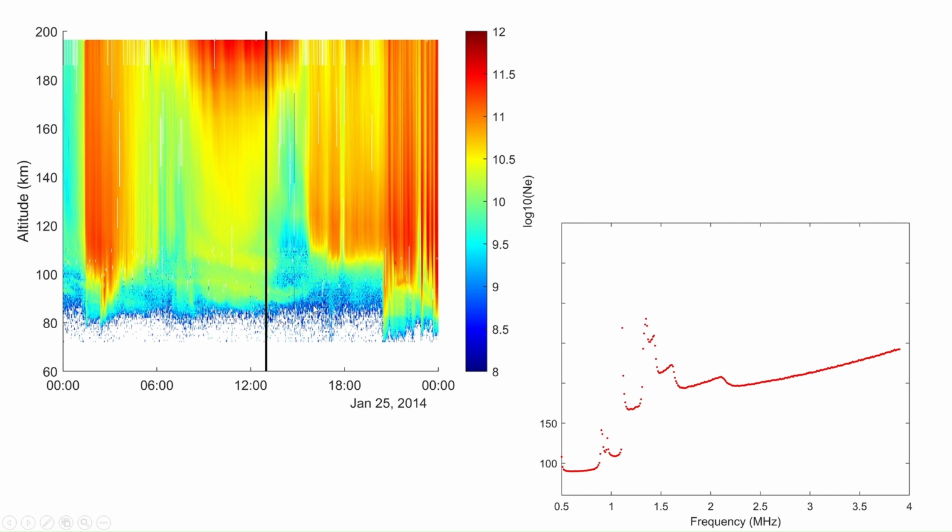And so what happens if you generate an ionogram out of that is you get your normal E region trace, and then you get a cusp, and then you get echoes from your second E region, and then you get a cusp, and then you get echoes from the bottom of your F1, and then you're into the F2 trace.